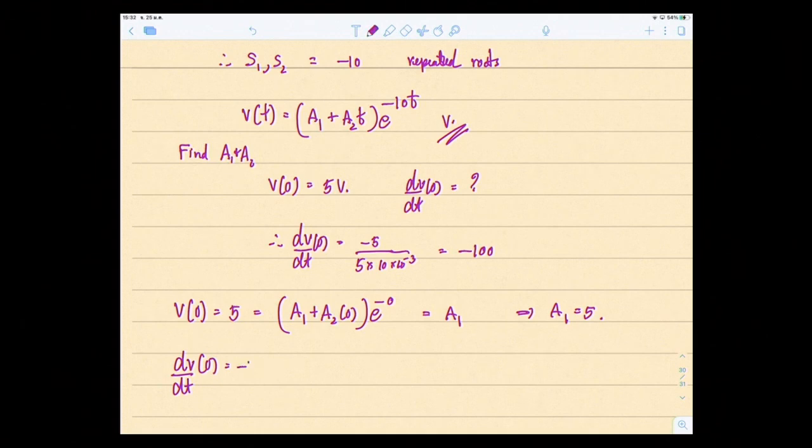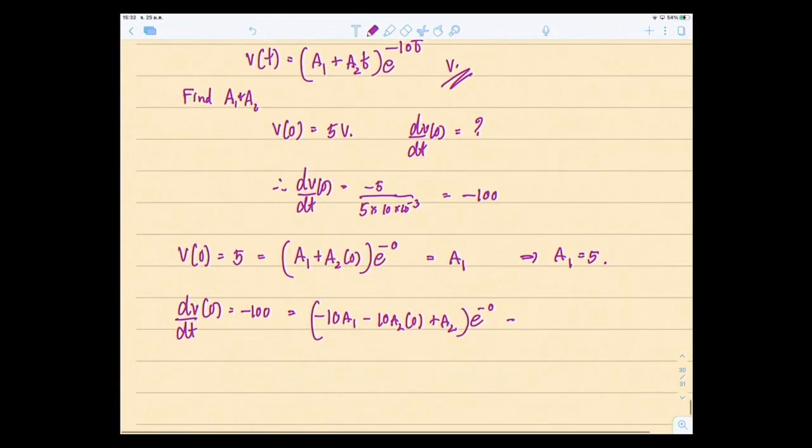You have to differentiate your V of t. So it would be equal to minus 10 A1, minus 10 A2 times t, so 0, plus A2 e to the minus 10 times 0. So you end up with minus 100 equal to minus 10 A1 plus A2.